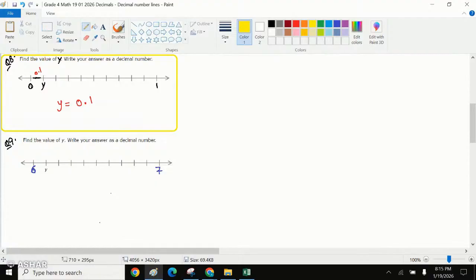How about question number 9? We need to find the value of y. Y is over here, right? We know it's only one interval, that is 0.1. So what should be the value of y? Yeah, that is question number 8. What about question number 9? Question number 9 will define the starting point plus this.